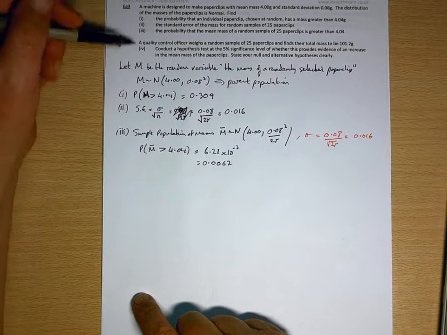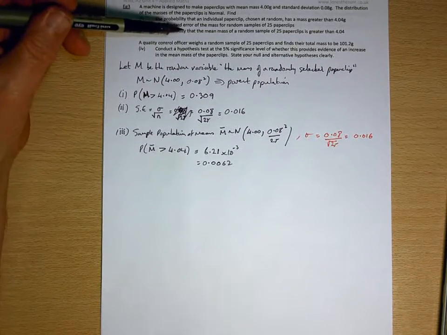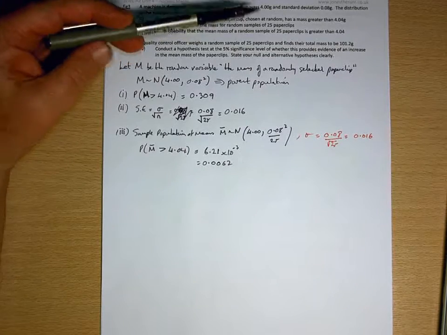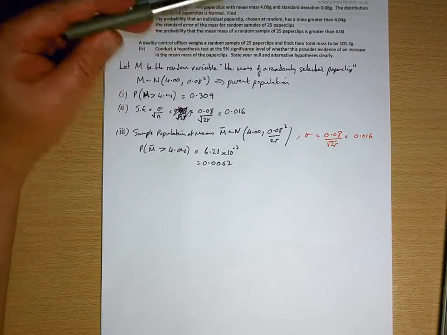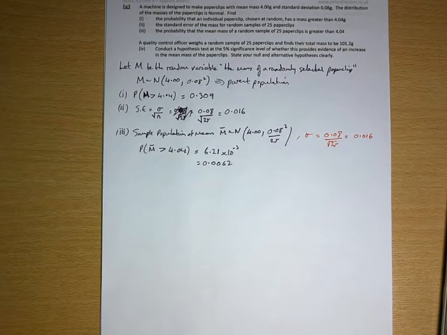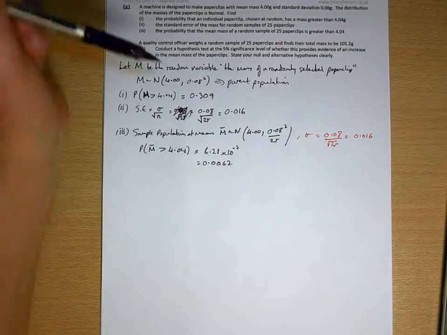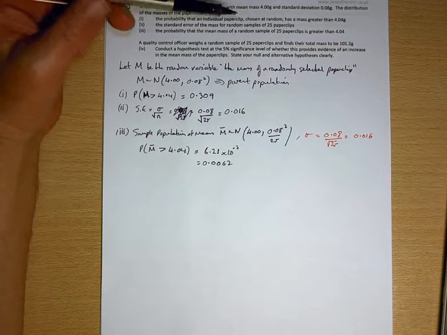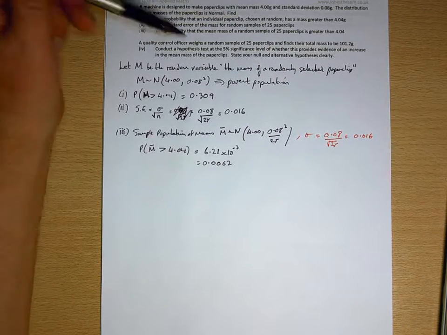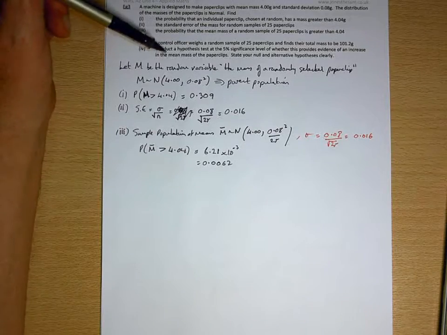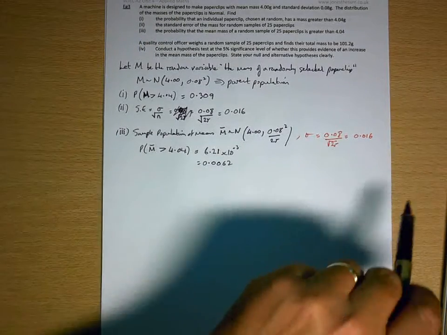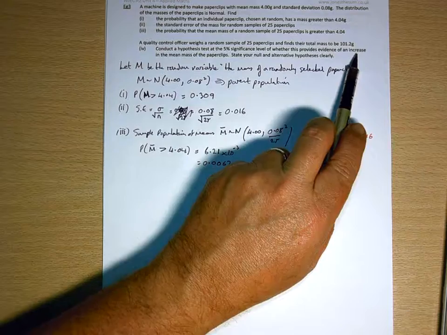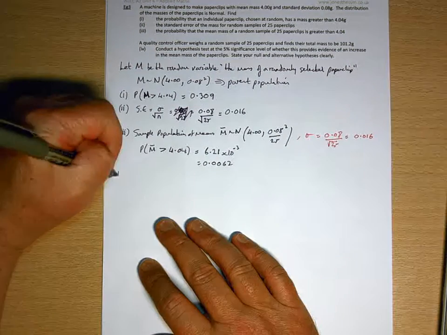So let's go back to the question. A quality control officer weighs a random sample of 25 paper clips and finds their total mass to be 101.2 grams. Conduct a hypothesis test at the 5% significance level of whether this provides evidence of an increase in the mean mass of the paper clip. So it's going to be one-tailed again, and we're still dealing with increases.